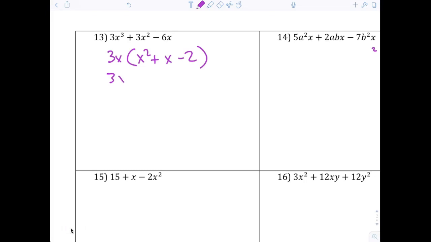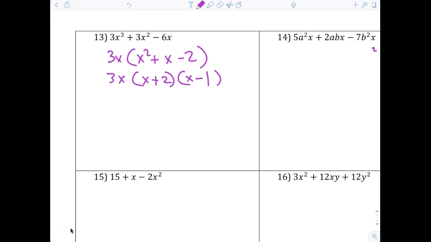That's correct. And then plus 2 and minus 1. Okay, everybody's okay.